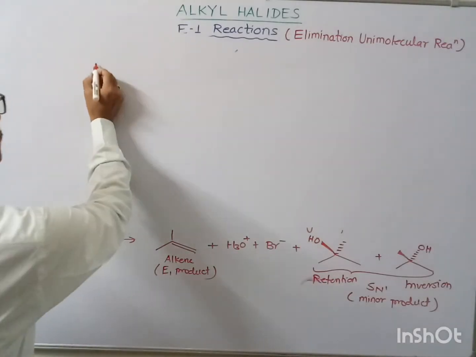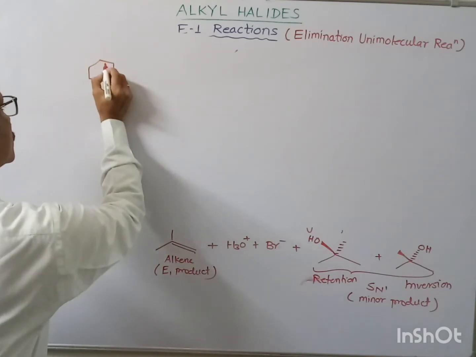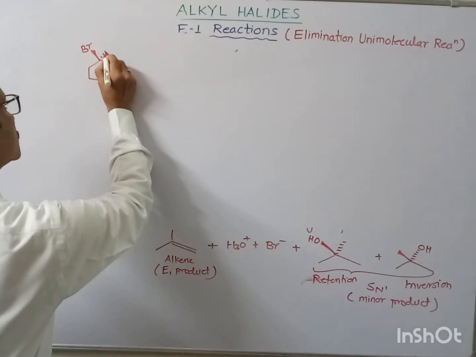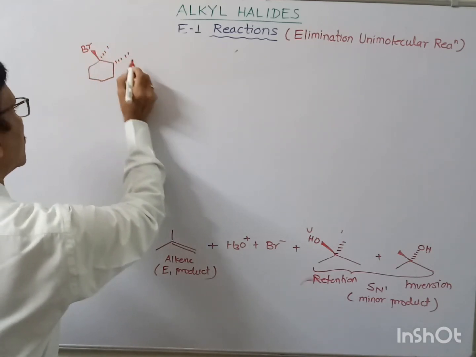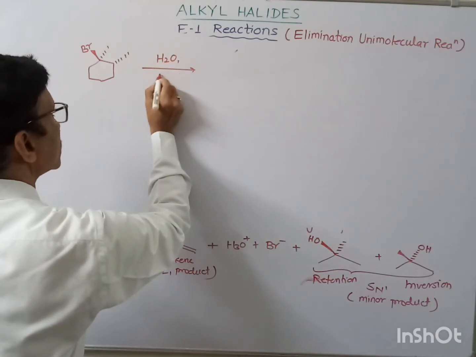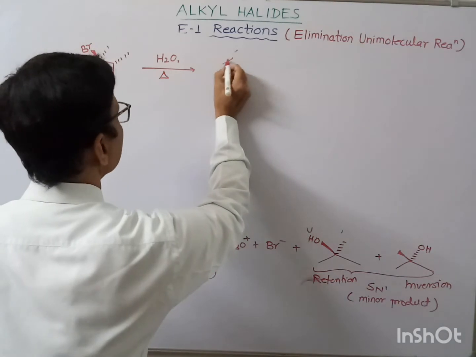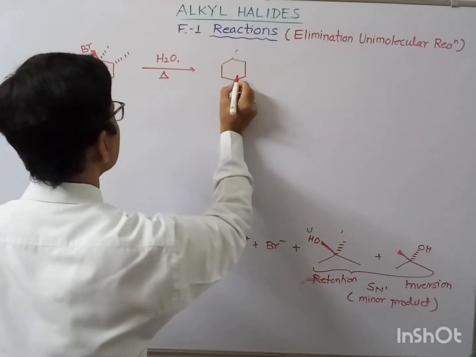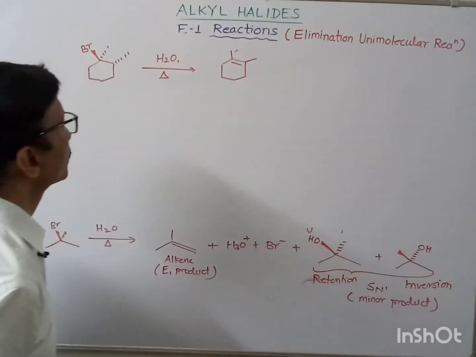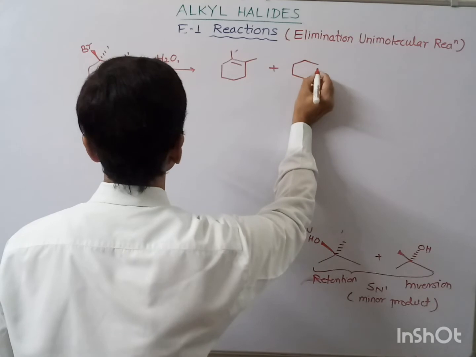Now in another example, suppose we have this. In presence of water as a solvent, if we heat it, this would be the product. This would be the main product, and we may get another product also.